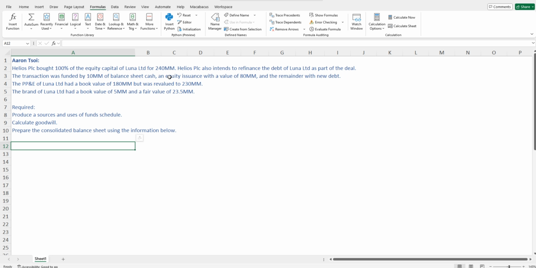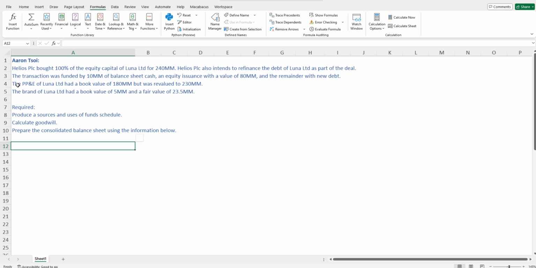Helios is also going to issue equity with a value of $80 million, and the remainder will be new debt. Since Helios also intends to retire the target company's debt, the total shouldn't be just $240 million. That's something we need to be aware of.